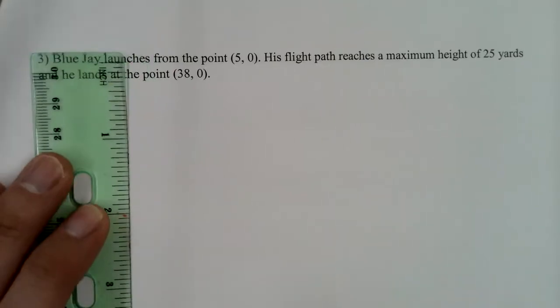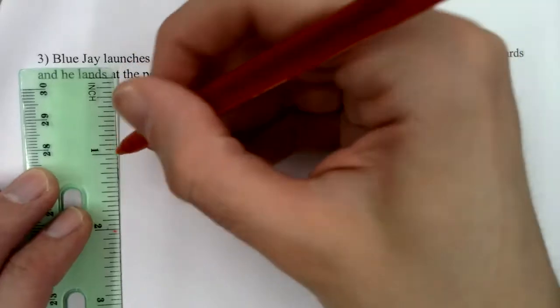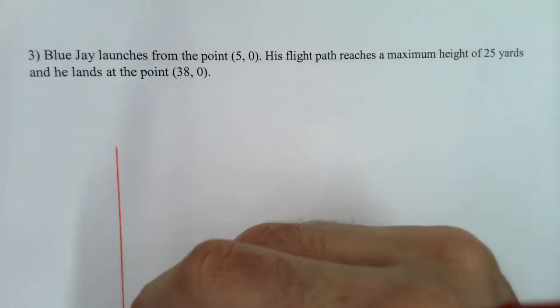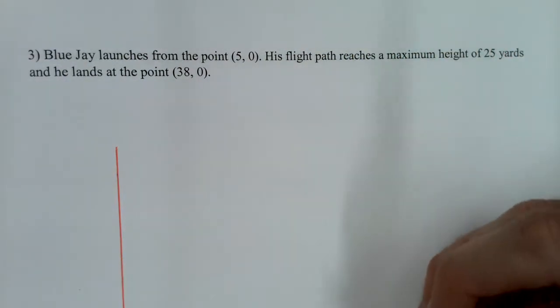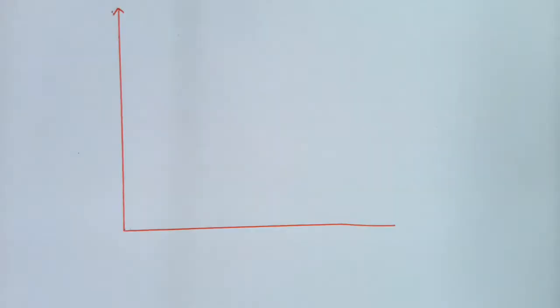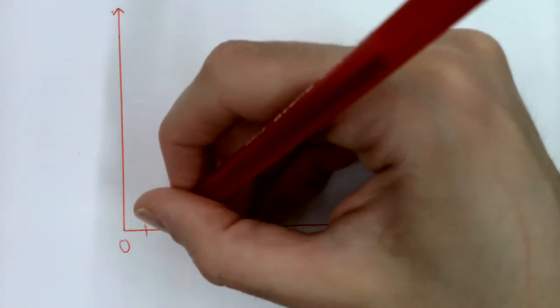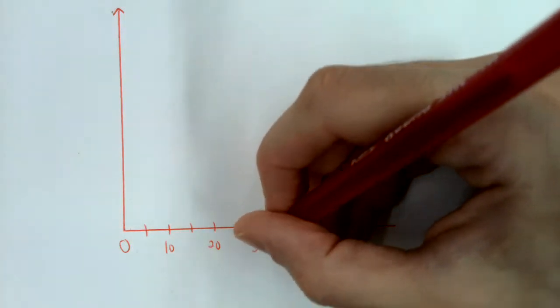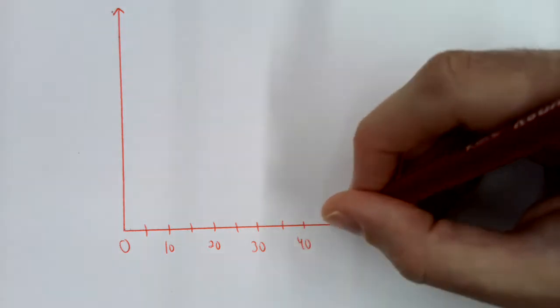Blue jay launches from 5-0, reaches a maximum height of 25 yards, and lands at the point 38-0. So let me just draw this so you can get a complete picture of what's going on with blue jay. I'll go by 5s and I'll label every other one. Do you have to do this?